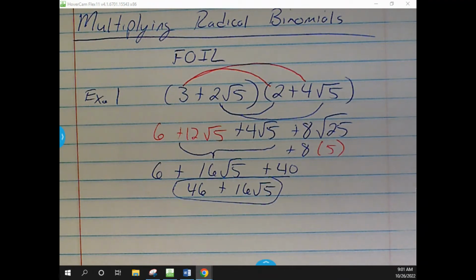Which number you put first doesn't matter. Whether you put the 46 first or the 16 square root of 5 first, as long as you've got 16 square root of 5 and 46, either way is fine.